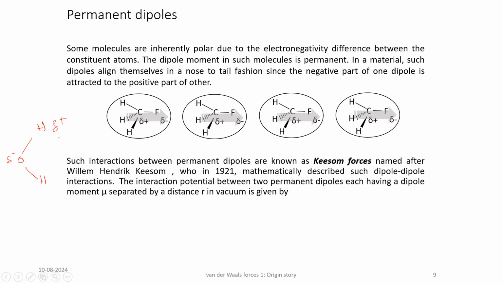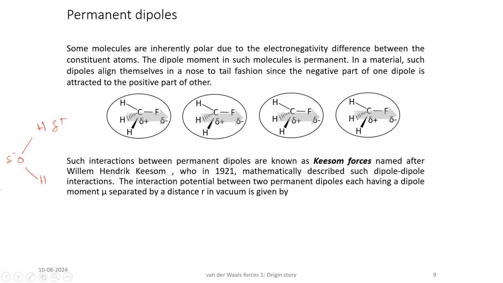This is a permanent dipole. If two permanent dipoles interact with each other, it leads to Keesom forces. The dipole moment in such molecules is permanent. In a material, such dipoles align themselves in a nose-to-tail fashion, since the negative part of one dipole is attracted to the positive part of the other.